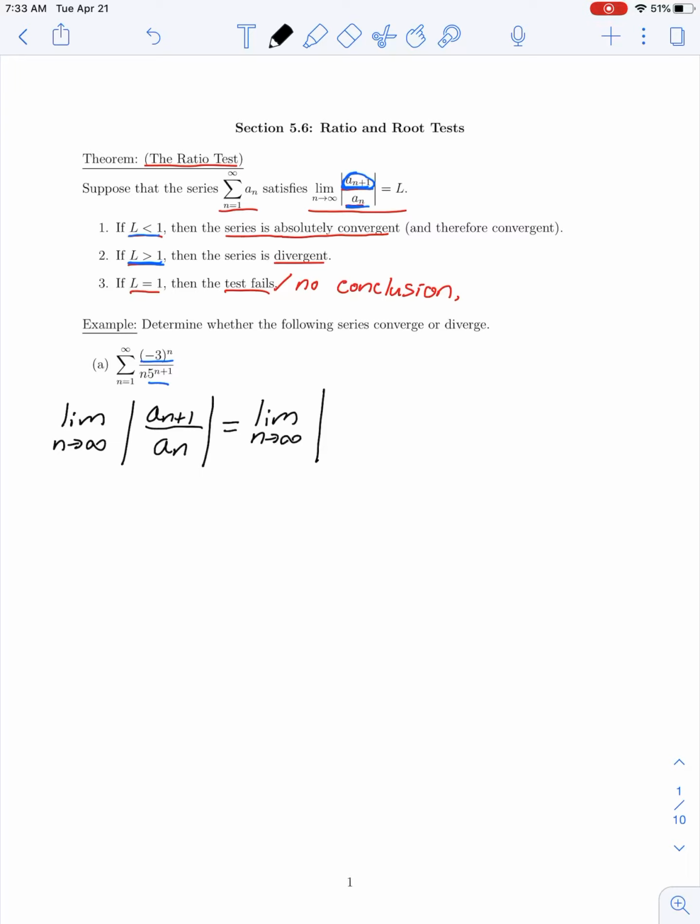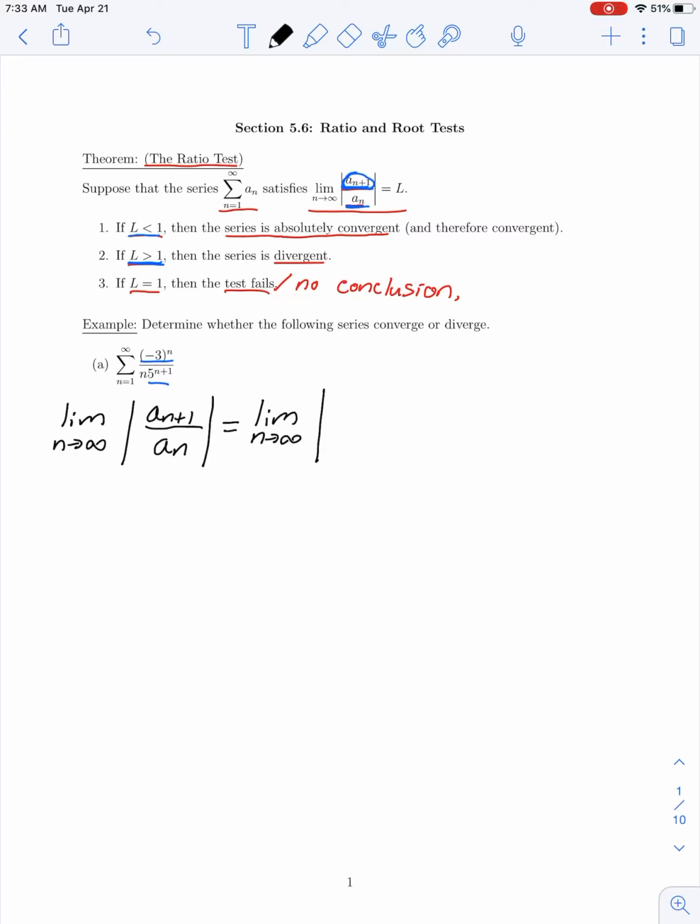Now, in almost all of these examples that we consider, the general term of our series, this a sub n term, is a fraction. So when we divide by a fraction, that's the same as multiplying by its reciprocal. So rather than dividing by a sub n, equivalently, we can multiply by the reciprocal of a sub n.